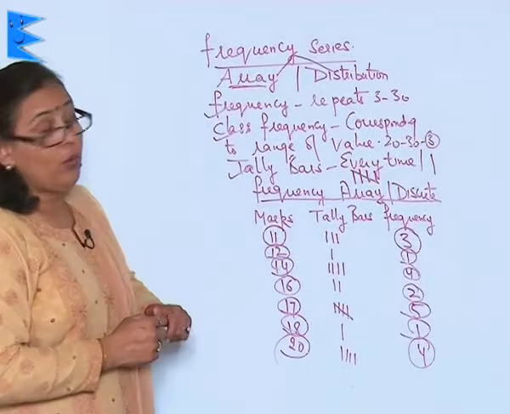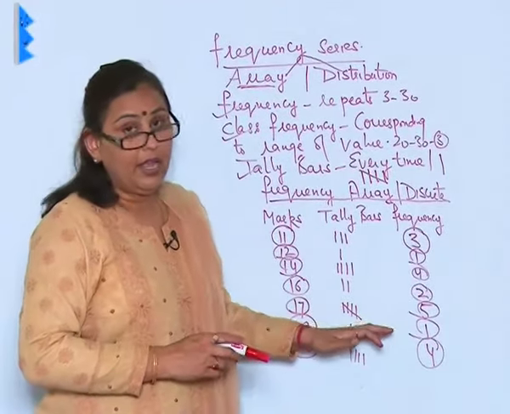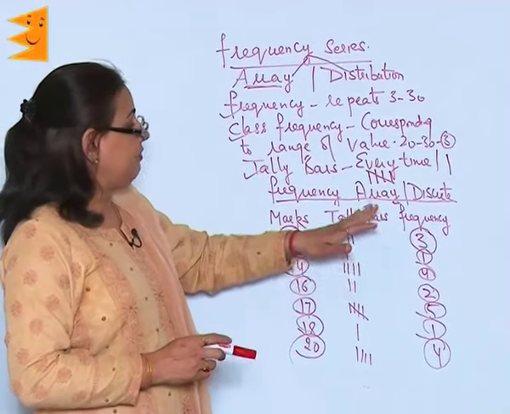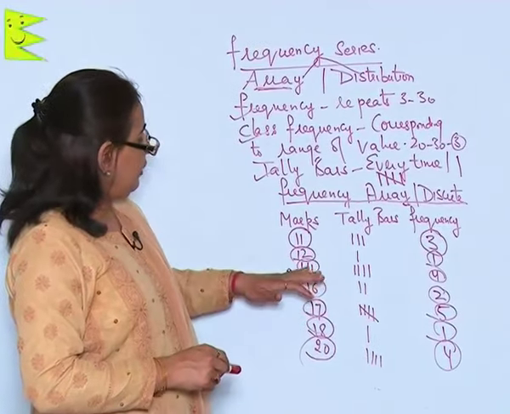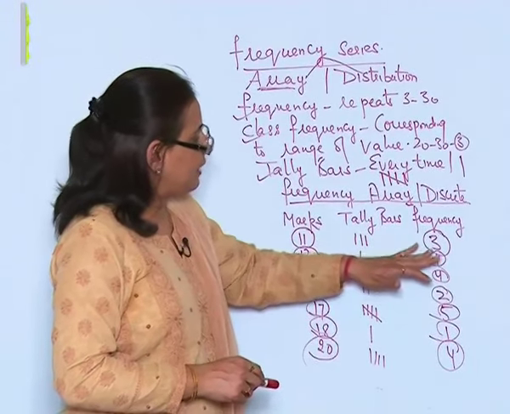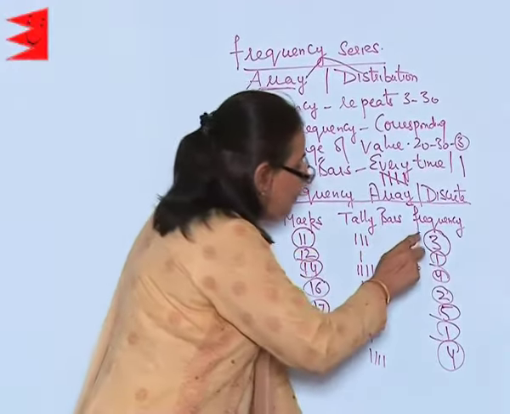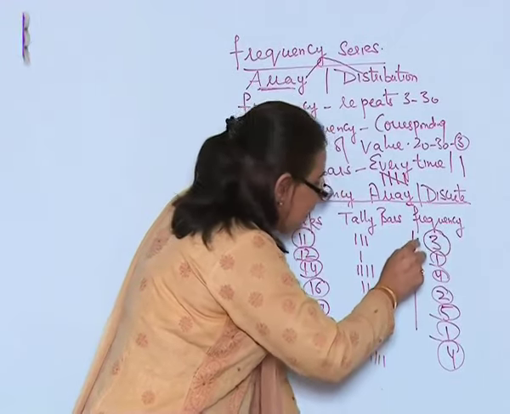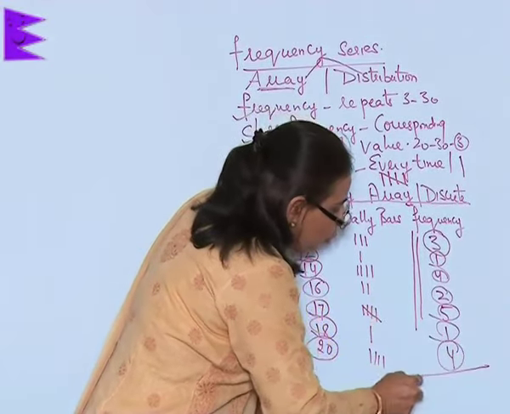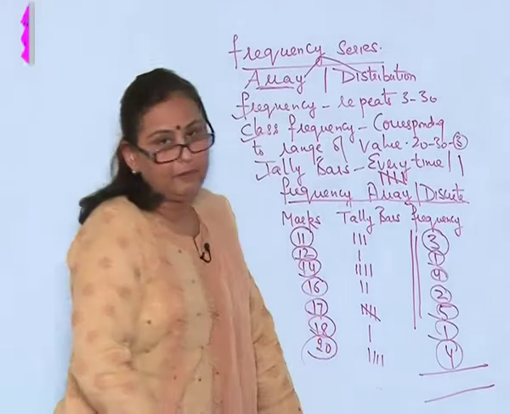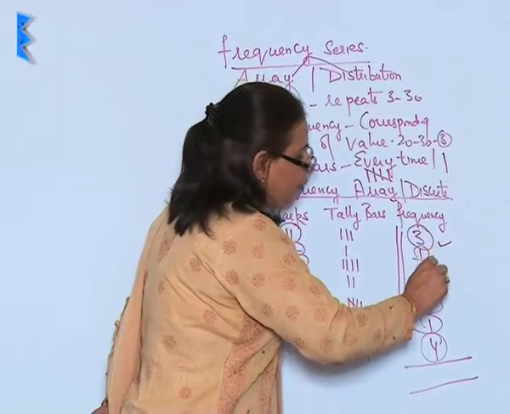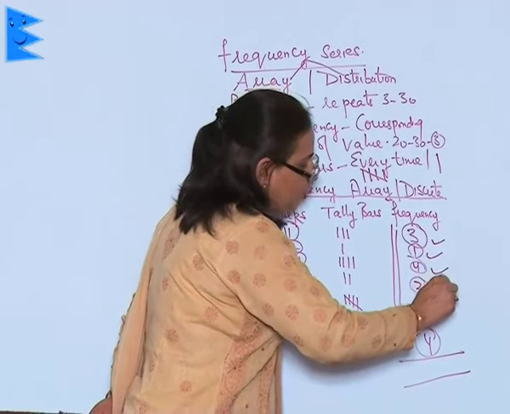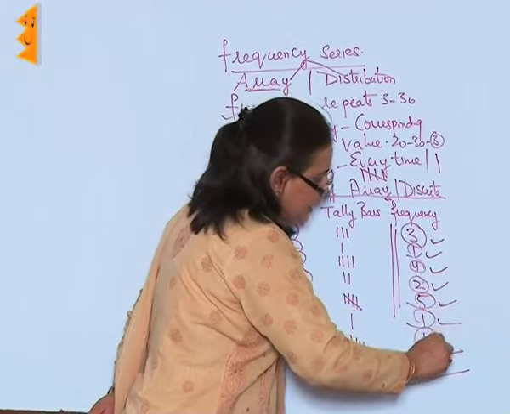Now supposing you have to see whether your frequency array series is correct or not. How are you going to do it? You have got the marks, you have the tally bars, you have the frequency. So you are going to add up these frequencies, and they should total the number of students that you have been talking of. I said 20 students. 3 plus 1 is 4, 4 plus 4 is 8, plus 2 is 10, plus 5 is 15, plus 1 is 16, plus 4 is 20.